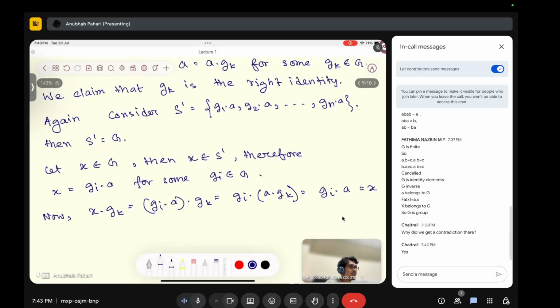So, x was arbitrary. Thus x dot Gk equals x for every x belongs to G.